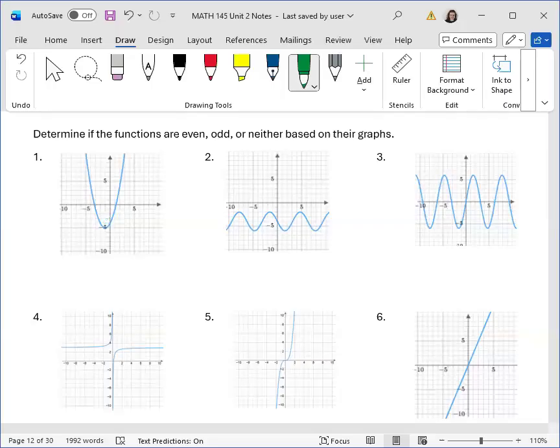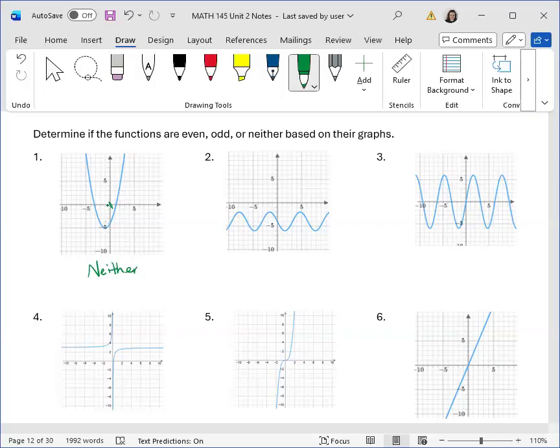And then if I were to rotate this graph around the origin 180 degrees, the graph is not going to fall right on top of itself. So this is neither. This looks like a quadratic function.